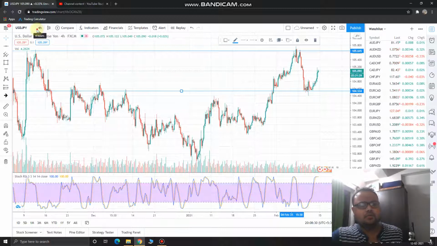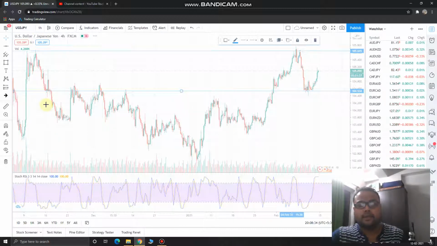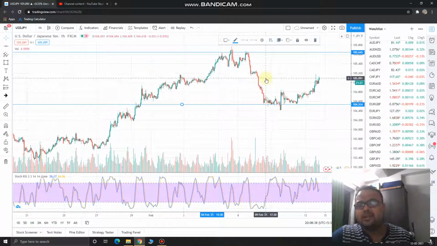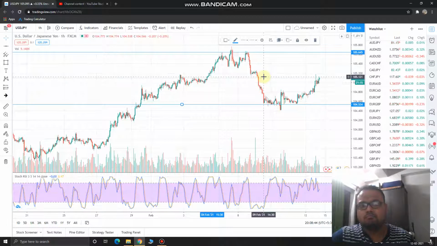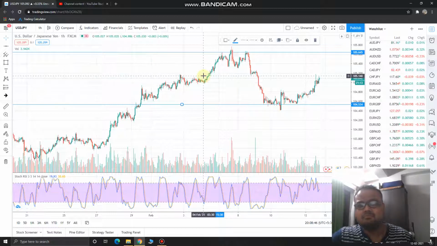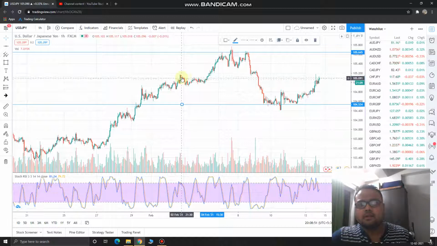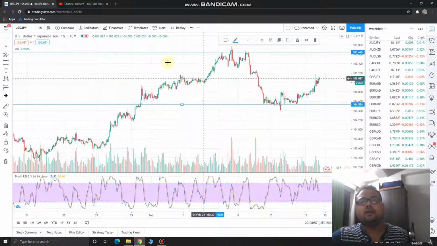And if you want to switch to a smaller time frame, let me show you the 1 hour time frame. How does it look? The 1 hour time frame is also not giving us a clear picture. It has a resistance here, so you can expect some reversal also, but this is not a good place to trade, I'll say, because things are not very clear in the 1 hour time frame.